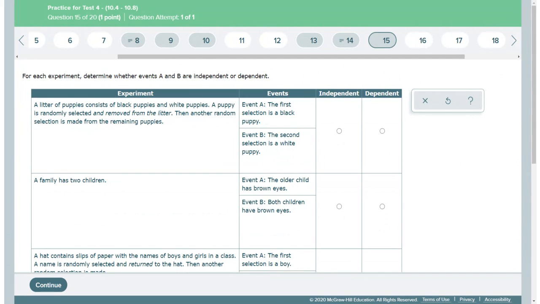It's a good thing that I had just done this yesterday. But what they're asking is they're giving us two events, and they want to know if they're independent or dependent. So let's look at this and think about this.